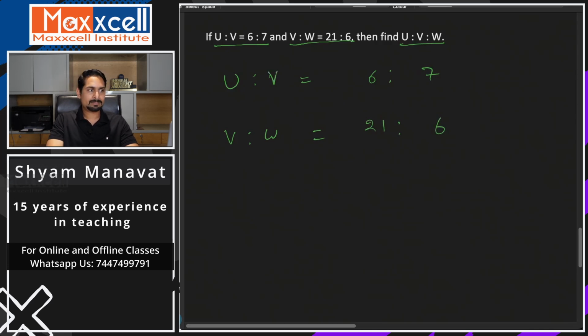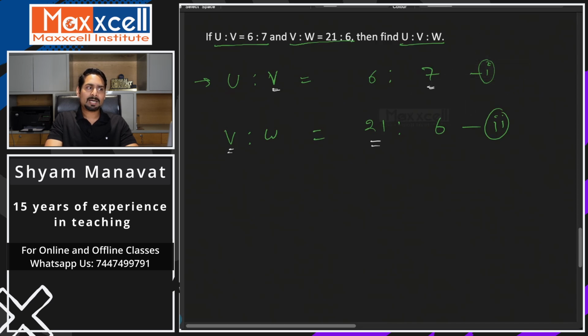V is one variable, one alphabet given in this question, and we have two conditions with V. In equation number 1, V represents the value 7, and in equation number 2, V represents the value 21.